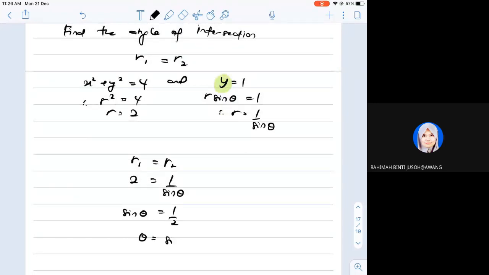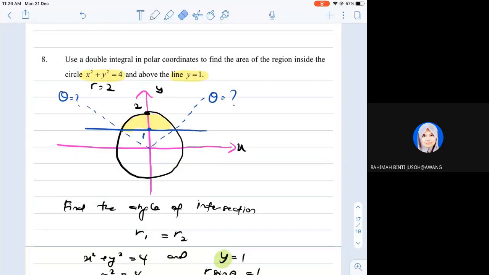Therefore, theta equals inverse sine of 1 over 2, which equals 30 degrees, or pi over 6, right? Okay, so from here, this is theta pi over 6. How about this other angle? 7 pi over 6? Not really.